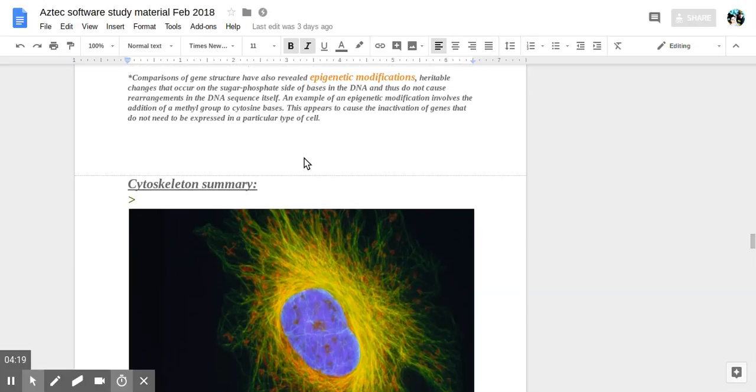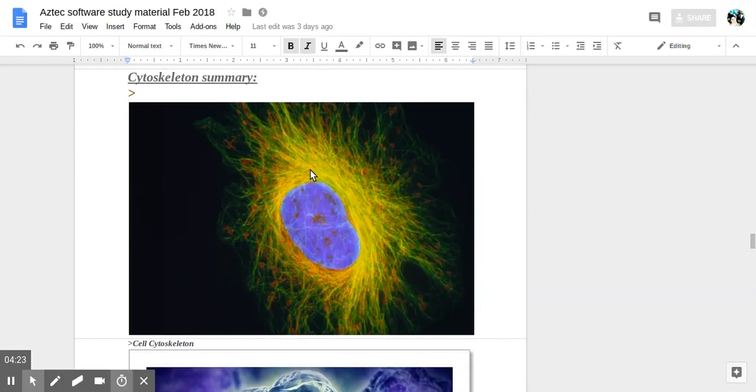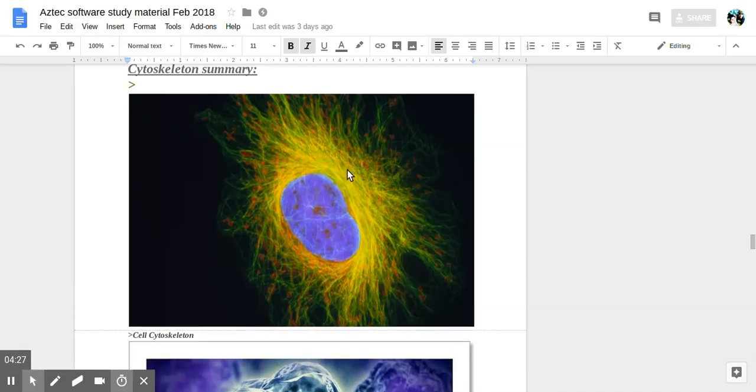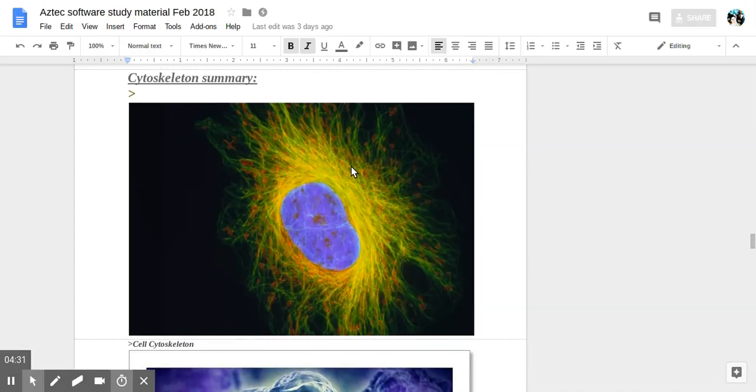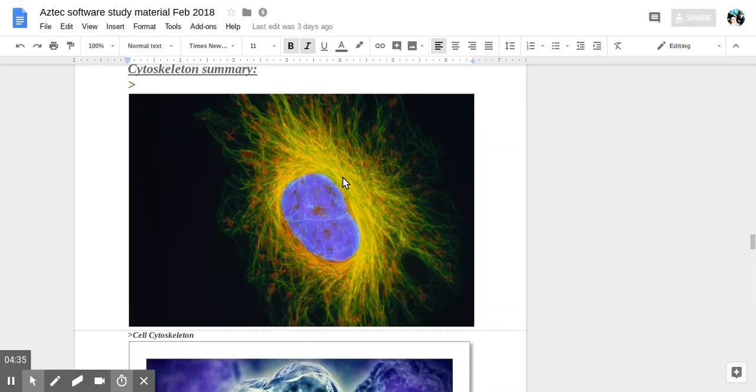So there are ways of controlling how the DNA is expressed, depending on what kind of cell it is, what kind of tissue it is in, what the needs of that cell are, and at different parts of the lifespan of a cell, what it's undergoing.